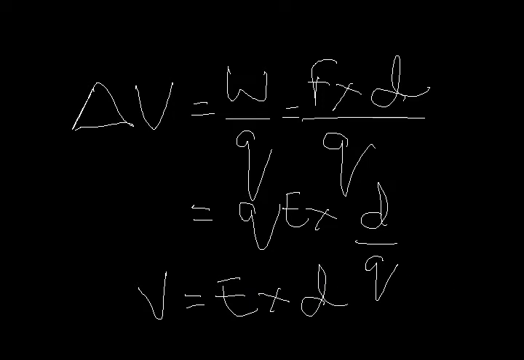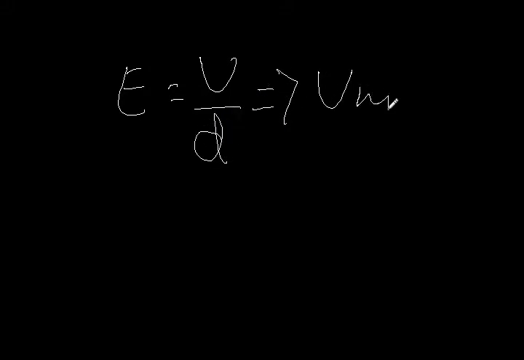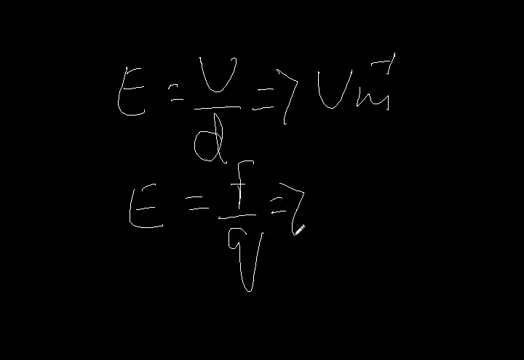And this particular relation, V is equal to E into D, can be put like this: E is equal to V by D. And the unit here of intensity is very important, which is volt per meter. If you just remember that we previously had an intensity which was force by charge, I think all of you will be able to tell me that this unit should be Newton per Coulomb.